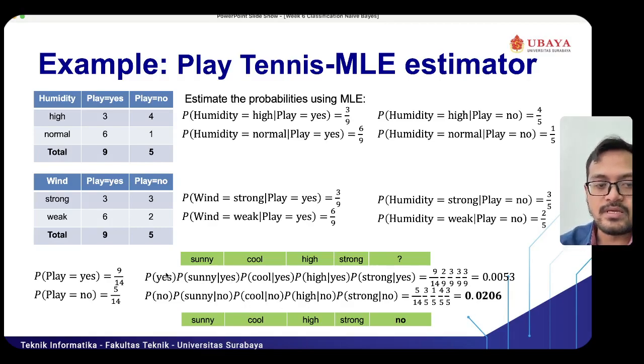So the probability based on Bayes theorem for these new observations that playing tennis equals no is higher than playing tennis equals yes. So this data set will be classified as no, because 0.0206 is greater than 0.0053. And for this new observation based on the naive Bayes classifier, it will be predicted as no.